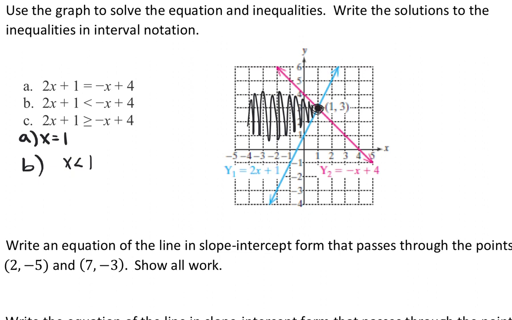And we have the exact opposite for the other one. On this side of the graph, the blue line is bigger. The y value of the blue line is bigger than the red line. So that means that x is greater than 1. And if we want to put those in interval notation, that's going to be 1 to infinity.